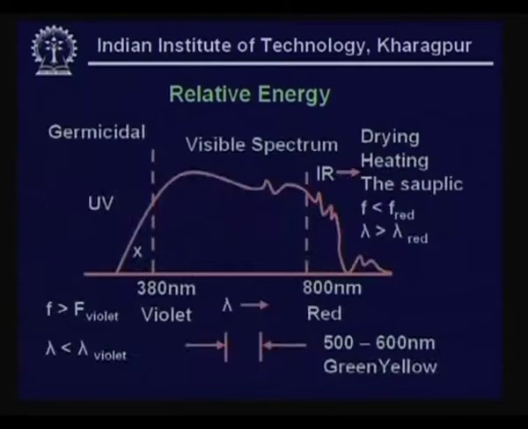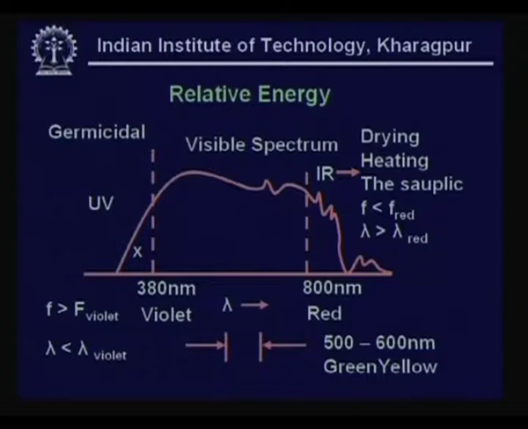So, here we have a diagram which shows relative energy due to sunlight in the visible spectrum. As may be seen, the x-axis is the wavelength of the electromagnetic spectrum, or lambda. We find two vertical lines drawn, one at 380 nanometers corresponding to violet and the other around 800 nanometers corresponding to red.